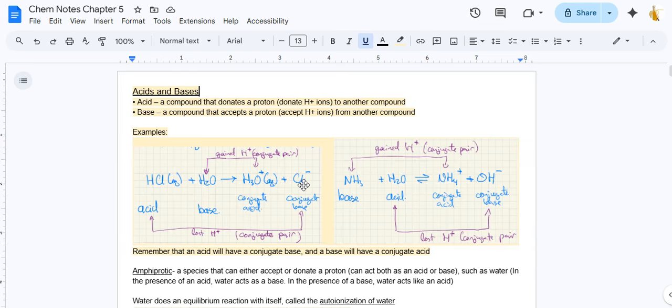This is a pair, and this is a pair. And when HCl becomes Cl minus, it loses an H plus. So that means it donates an H plus, so it's an acid. And acids become conjugate bases, and bases become conjugate acids.